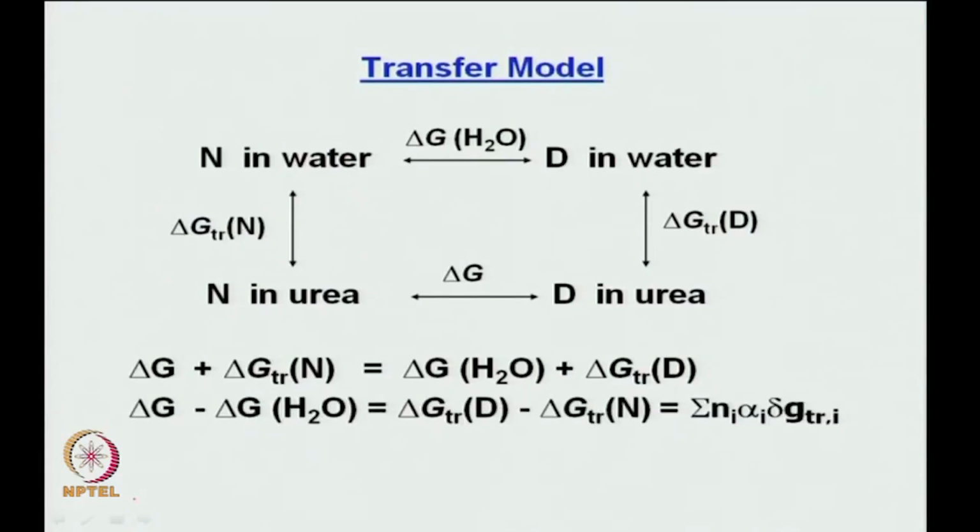Now, what I can write is delta G minus delta G H2O is equal to delta G transfer of the denatured state minus delta G transfer of the native state, just based on the previous equation, and this is equal to, I am talking about this one now, a summation of N I alpha I delta G transfer I. I will tell you what these are, but before I go to the next slide, look at this. What is this one? What is delta G minus delta G H2O?